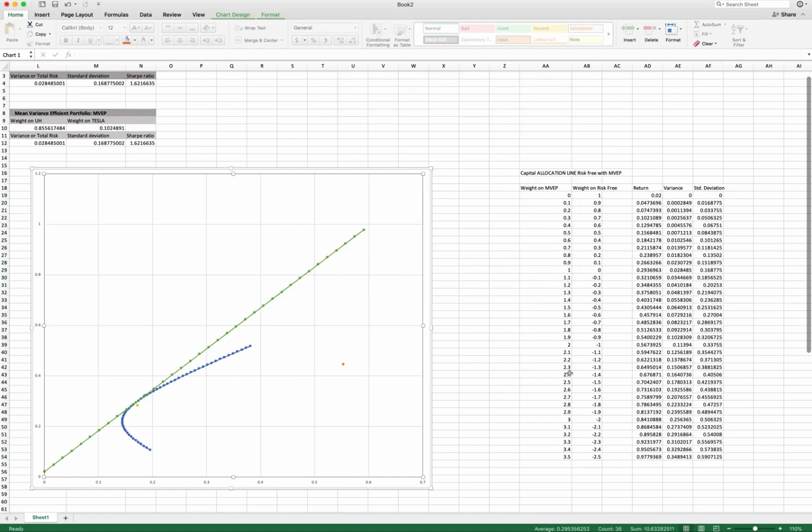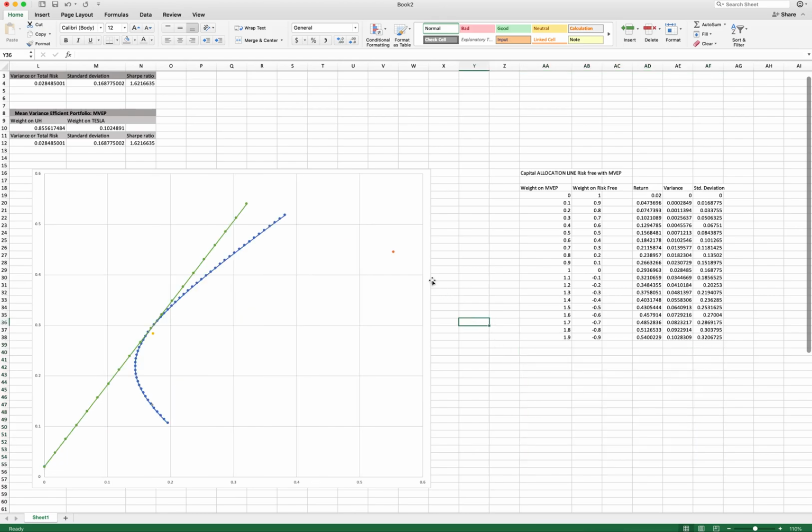Maybe I've gone a little bit overboard here. Let me kill this. That's a bit crazy. All right, we can do more. We can lever 3 to 1, maybe 2.5 to 1 is more appropriate.